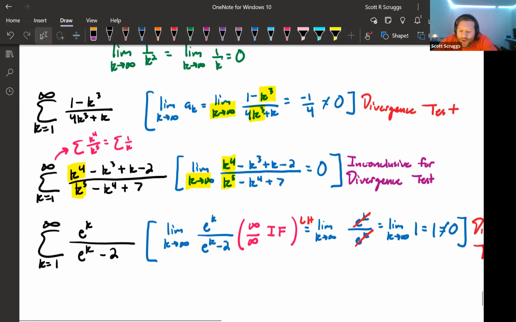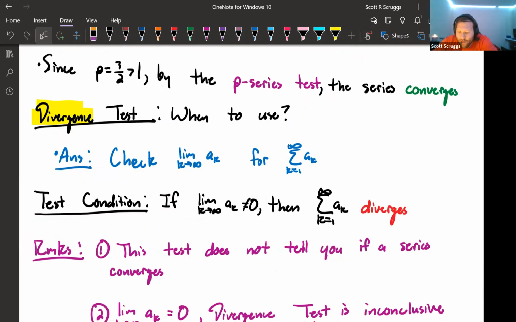And what I mean by cheap in terms of work, all I have to do is take a limit, which, compared to the geometric series test and the integral test and telescoping series, is definitely a lot less work than those other tests, because all I have to do is take a limit.